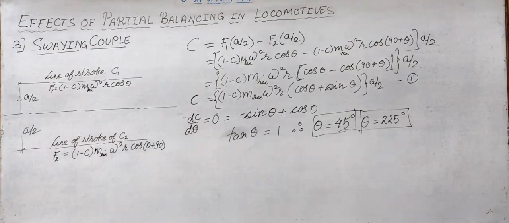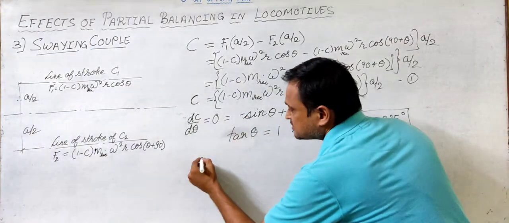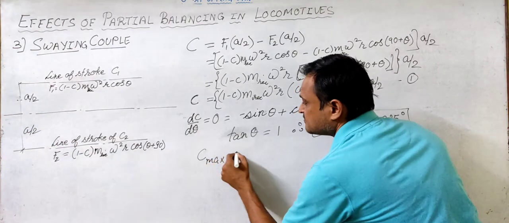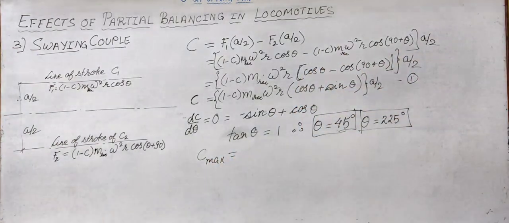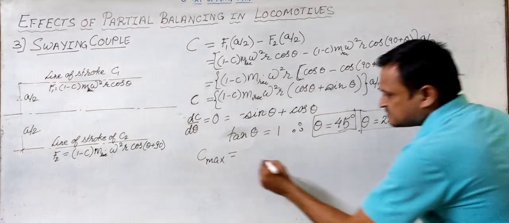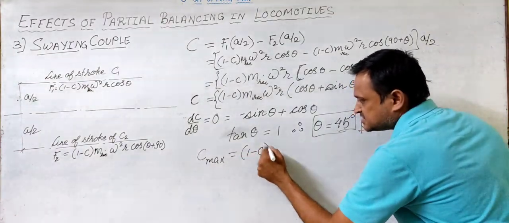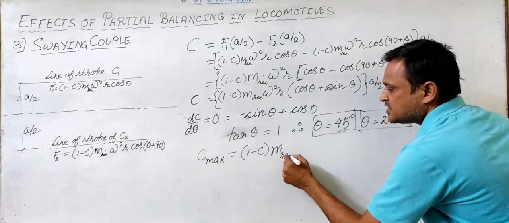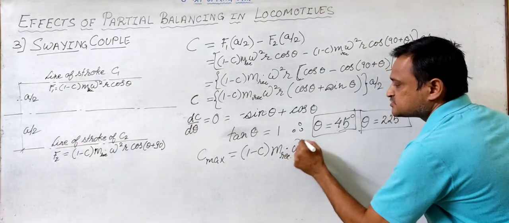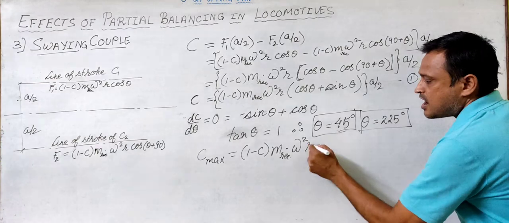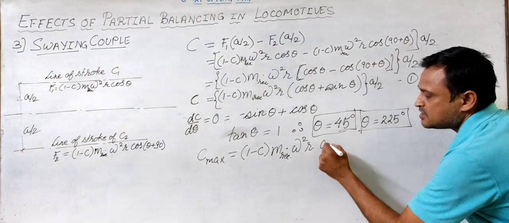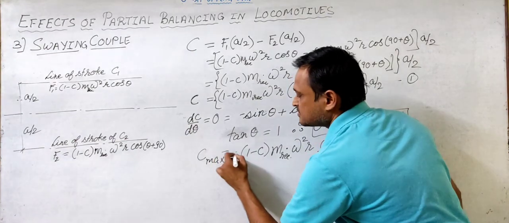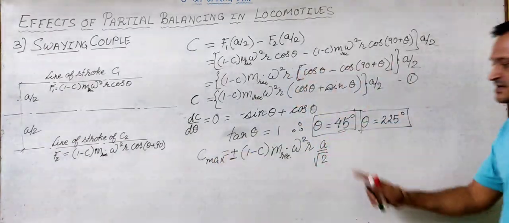So the maximum value C max will come out to be (1 minus c) m reciprocating omega square r a by root 2, plus or minus.